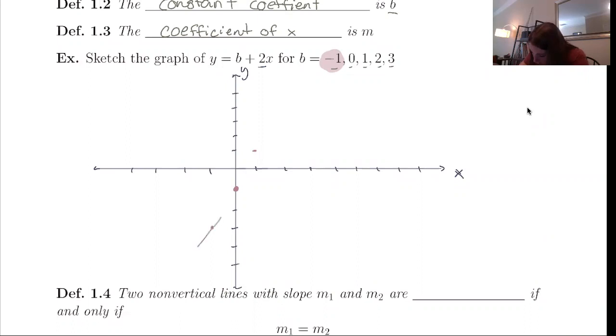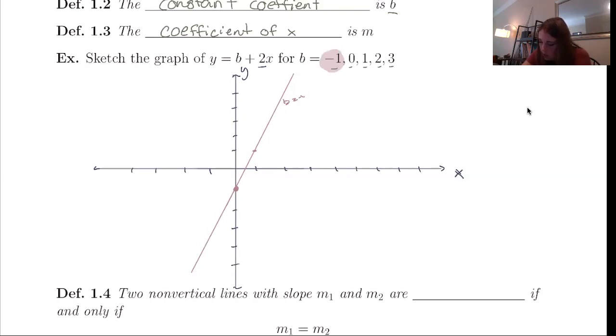There we go. So a line like that. Okay, so that was b equals -1, right? I had my intercept right here, and so on.